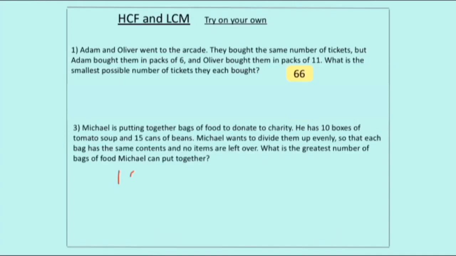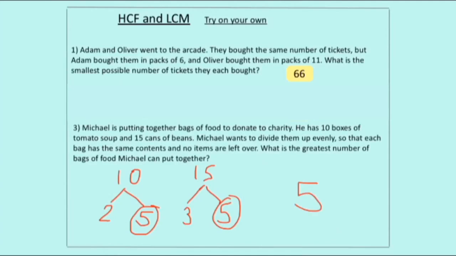So 10, I'm just gonna do the prime factorization, 2 and 5, which is done, and 15 we have 3 and 5. Now if you see closely, they share one prime number, which is 5. So 5 and 5, these are the common pair. That means 5 is the only common pair which was found between 10 and 15 when we have done the prime factorization.